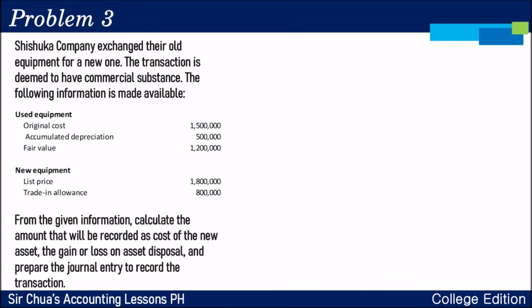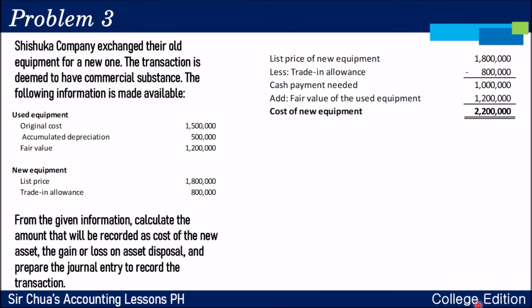Okay? Sige po. Our first requirement is the amount recorded as cost of the new asset. So, magkano po yung cost of the new asset? Ganito po siya. The list price of the new equipment, ang starting point natin, kasi syempre ang target natin, makuha natin si new equipment, di ba? 1,800,000.